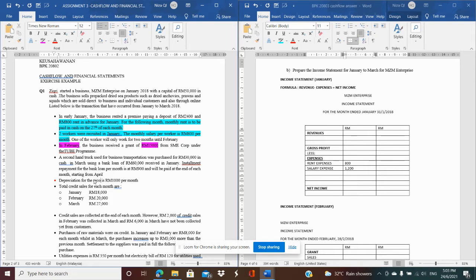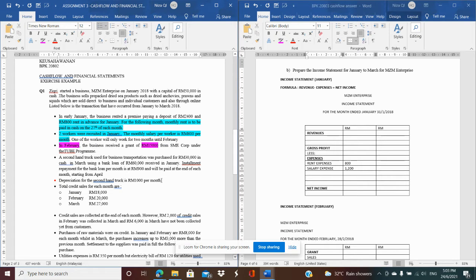It is 1,000 per month. Depreciation is an expense and it must be recorded monthly. For every month you will have to record the depreciation, and because the truck was purchased in March, you will start to record depreciation in March, so it's not going to be in January.